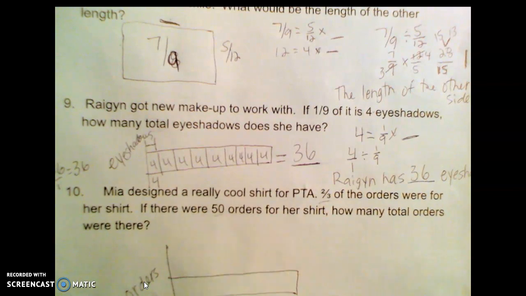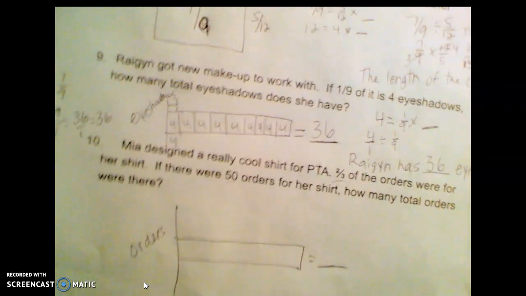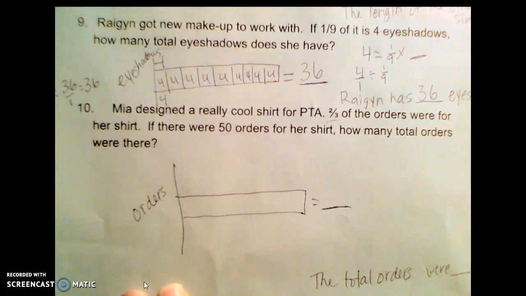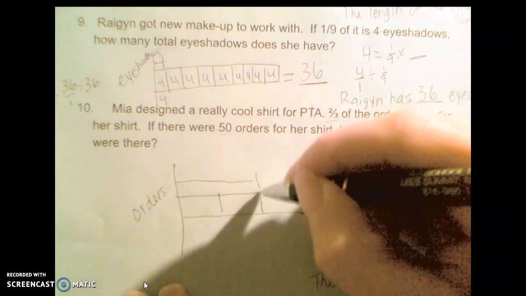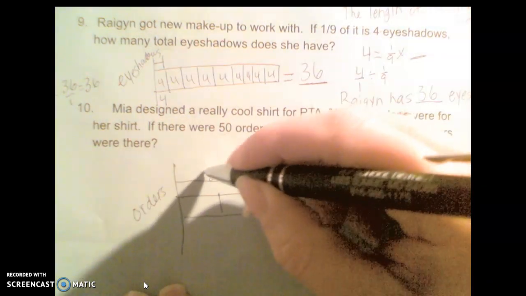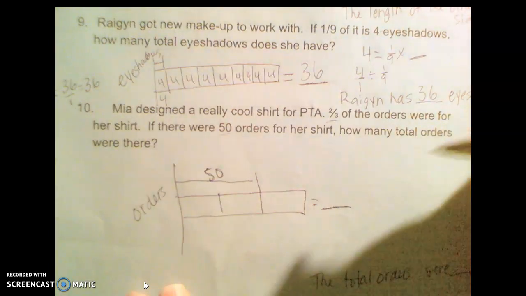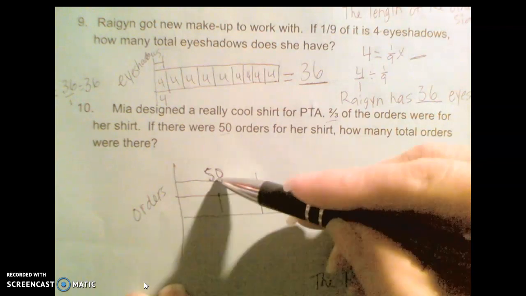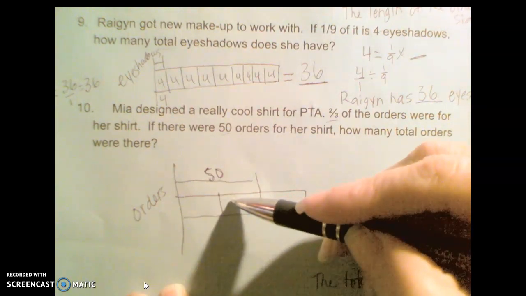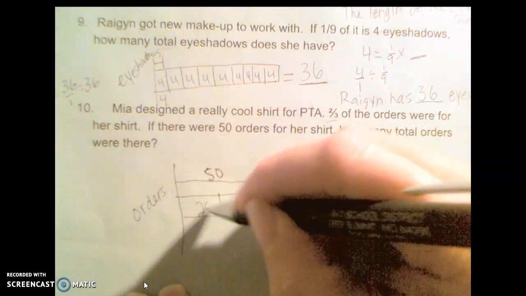What do I know about the orders? I know that I'm trying to find the total. So I'm trying to find this part over here. I know that 2/3 is 50 shirts. So if that's 50 shirts, how can I find the total? Well, if 50 is here, how much goes in each box? 25.